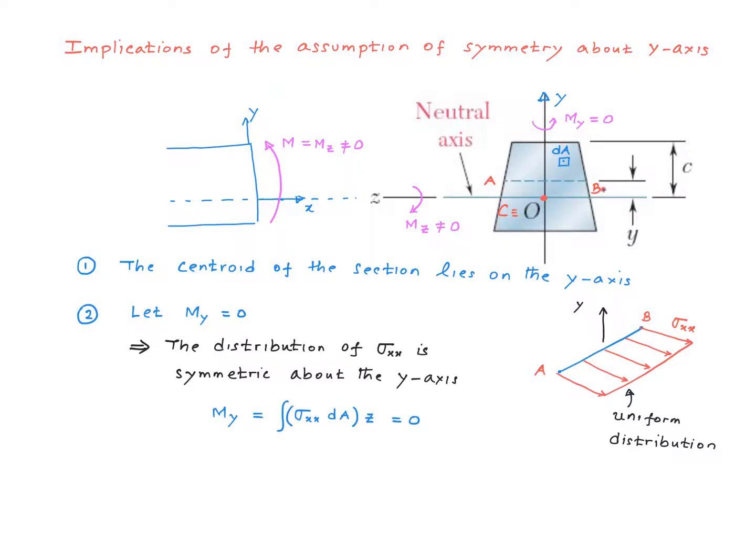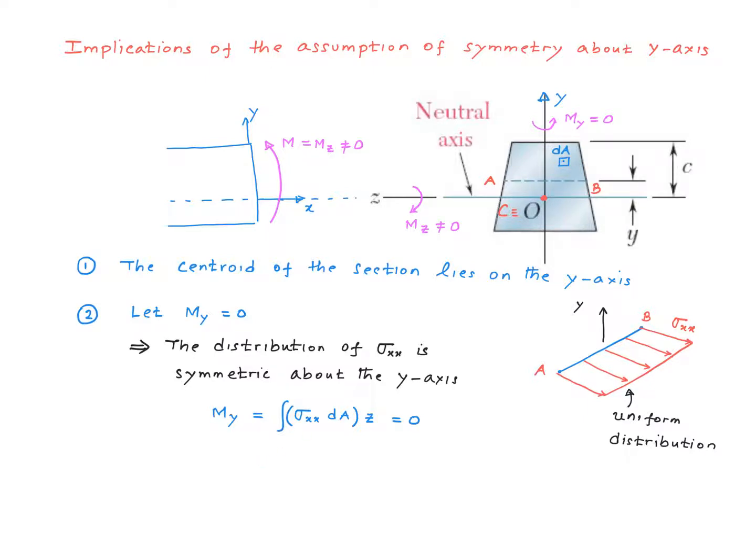Because the stress is uniform in this direction, if I take a little differential area like this and integrate the force acting on that, in order to find the bending moment about the y-axis like we did before, but this time using a moment arm of z in this equation, it's going to turn out to be 0, which is consistent with the fact that we don't have an externally applied moment about the y-axis.